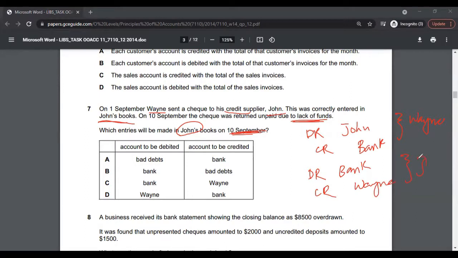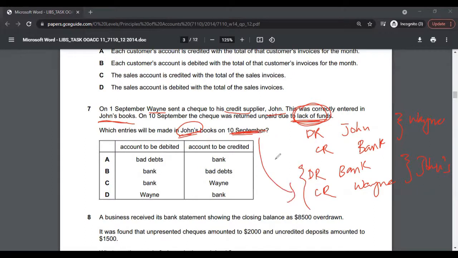But the check has been returned as unpaid because of lack of funds, because Wayne did not have enough money, so the check was not basically cashed out, right? So now how would John record this event on 10th of September?